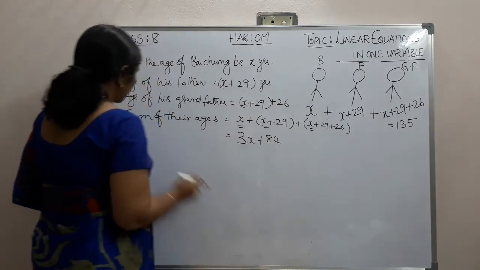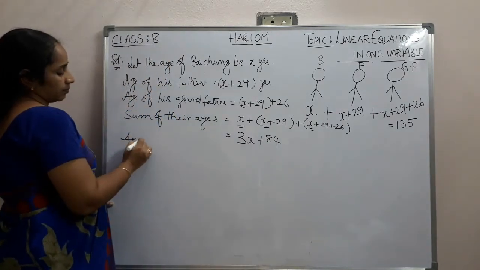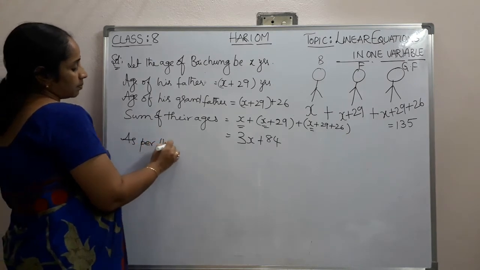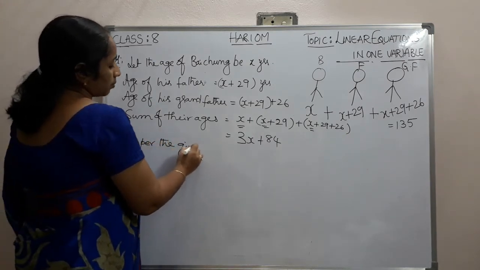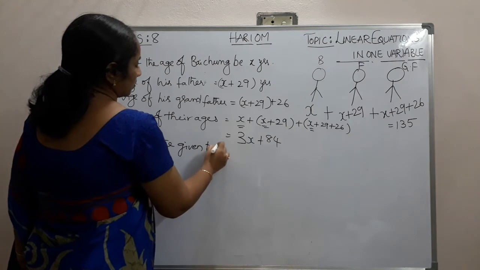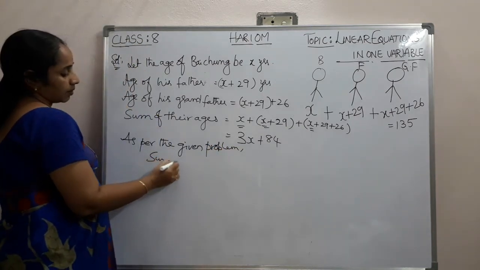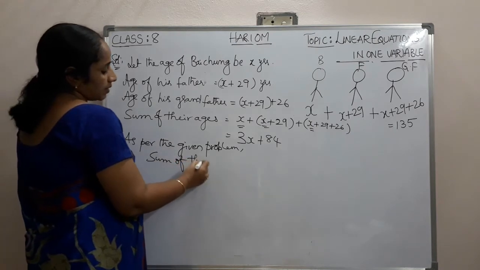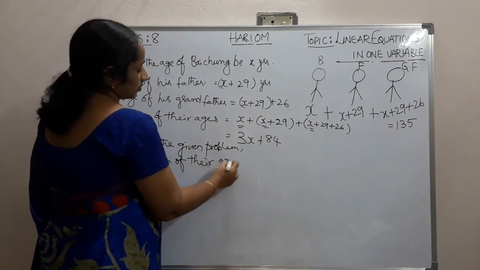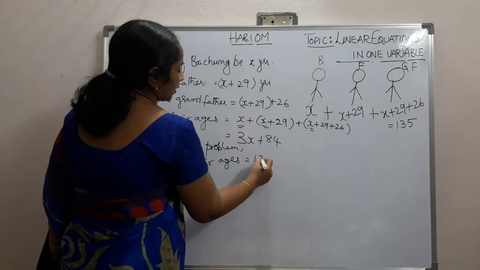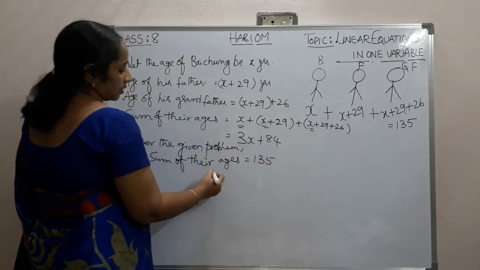As per the given problem, the sum of their ages is equal to 135.